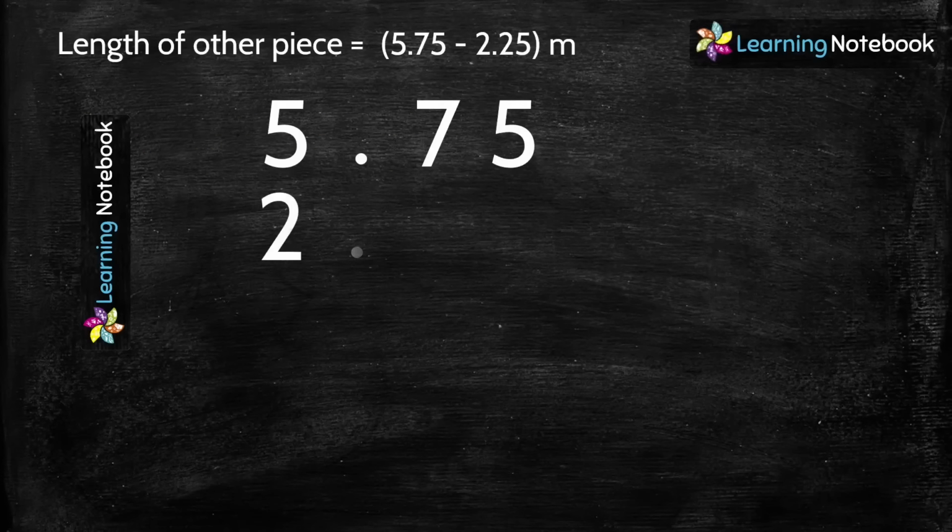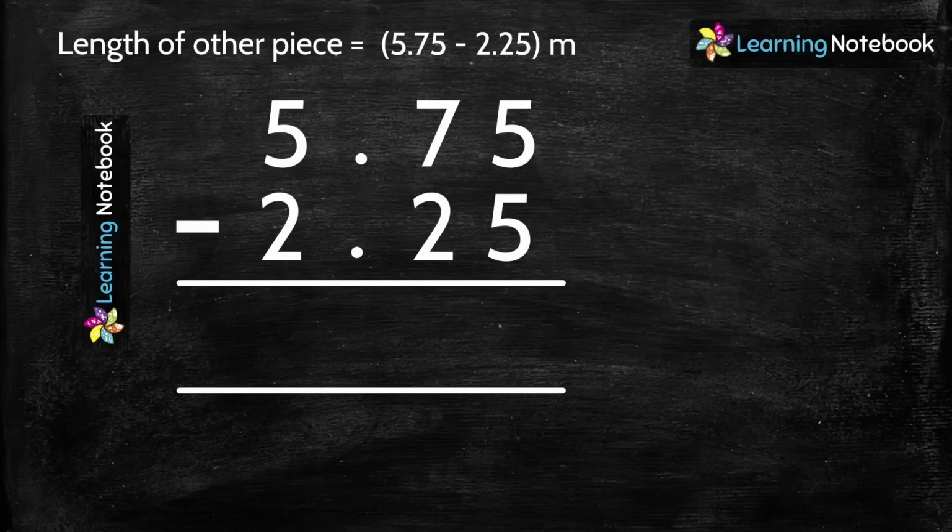So, we will subtract these two decimal numbers as we did in the chapter of decimals. First, we will subtract the decimal part. 5 minus 5 equal to 0. 7 minus 2 equal to 5.